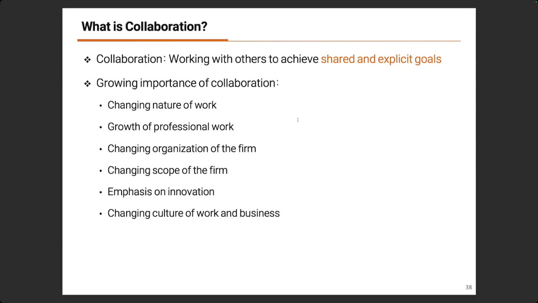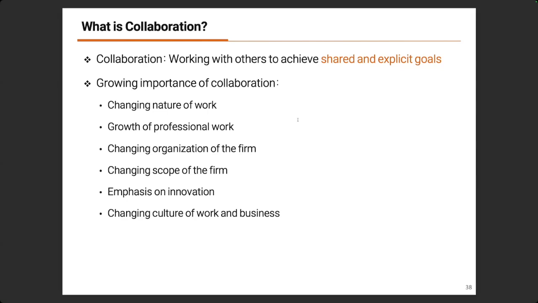Changing organization of the firm is one of the reasons for the growing importance of collaboration. In previous organizations, there was a hierarchical structure, so orders came down and responses moved back up the hierarchy. But today's work is organized into groups and teams, so they have their own methods and strategies for accomplishing their work.